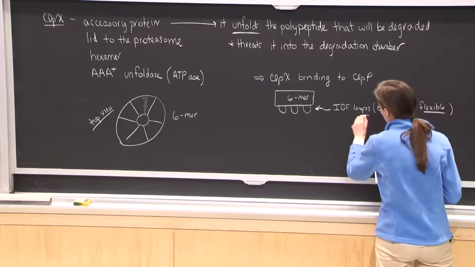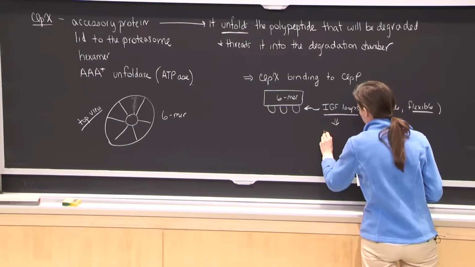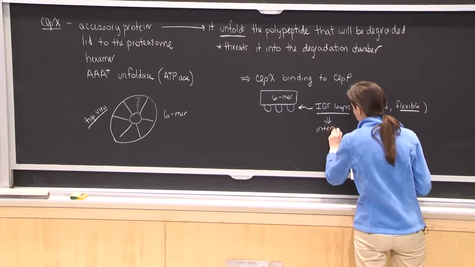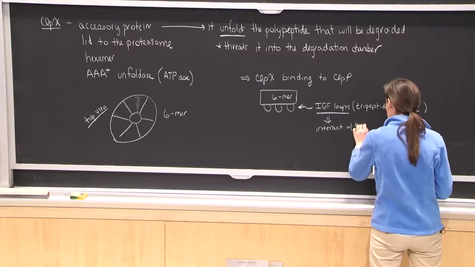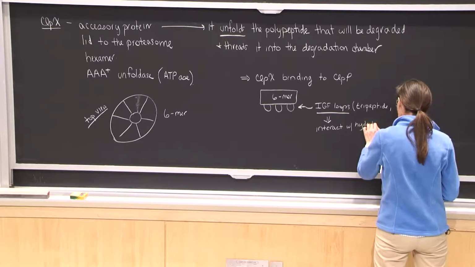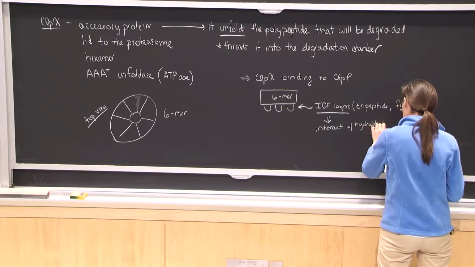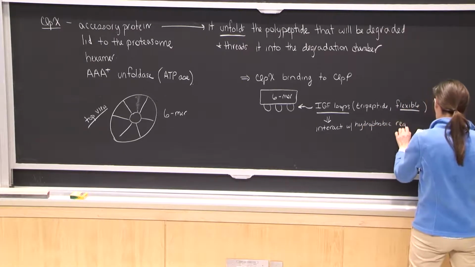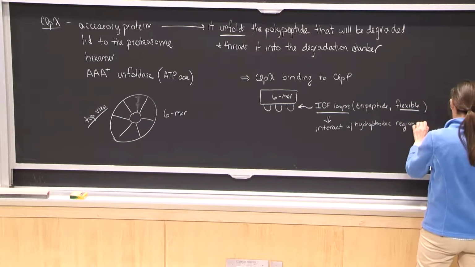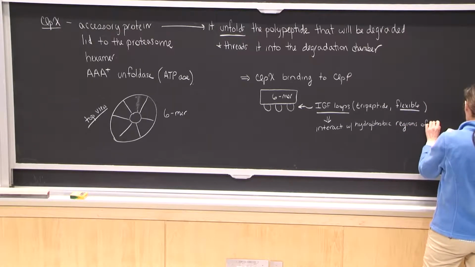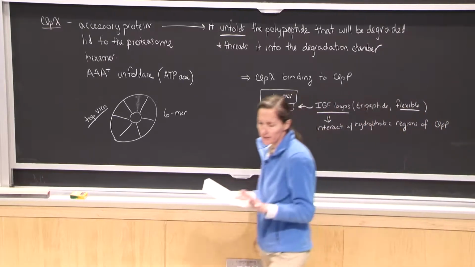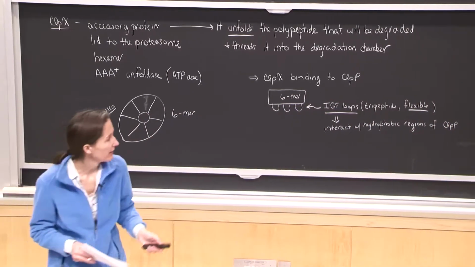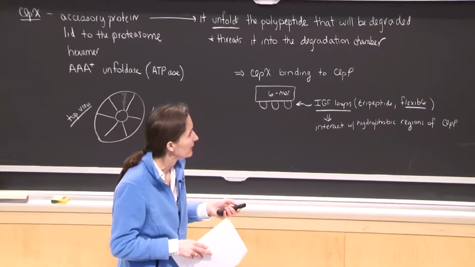These loops interact with hydrophobic regions of ClpP, and this flexibility helps accommodate the 6 versus 7 subunits.